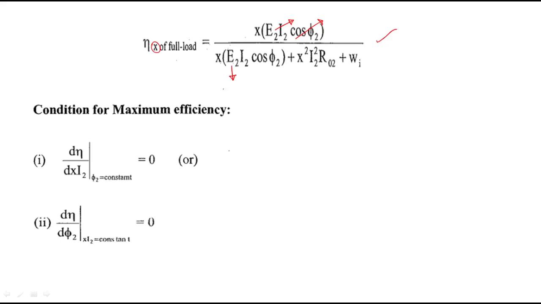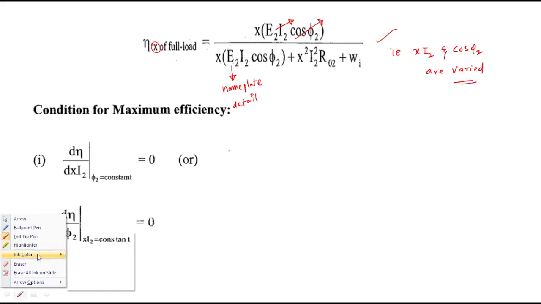This is present in the nameplate details, right? So only I2, the fraction of load current, and cos phi 2 are varied during operation, right? That's why we have to get the condition for maximum efficiency.